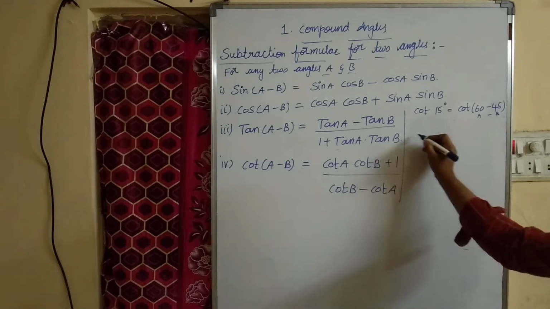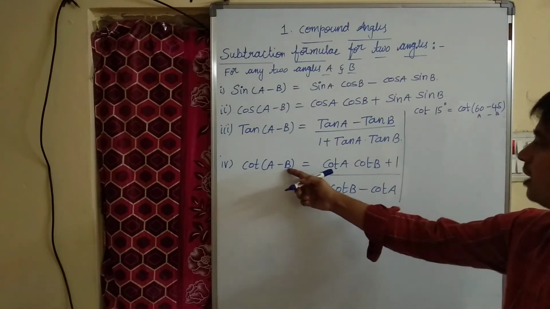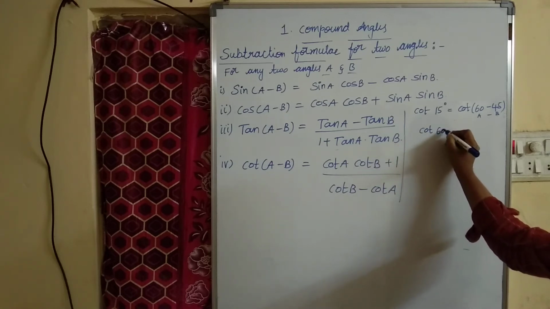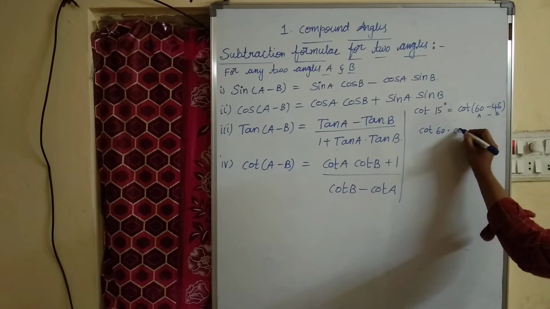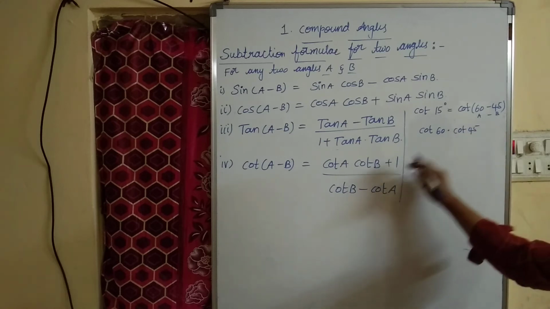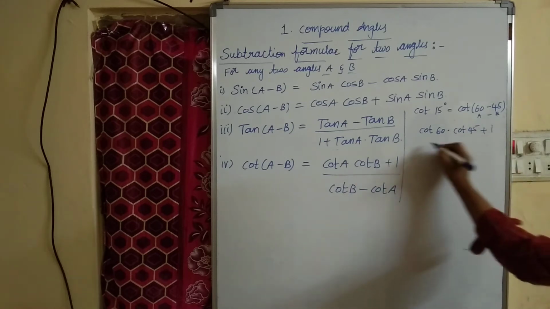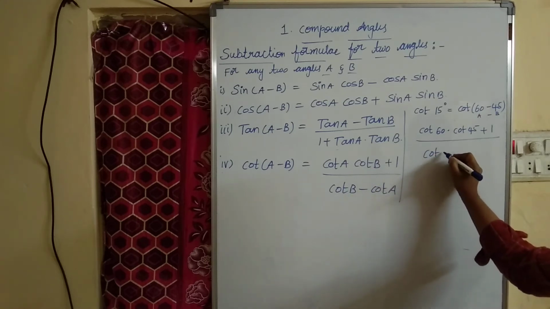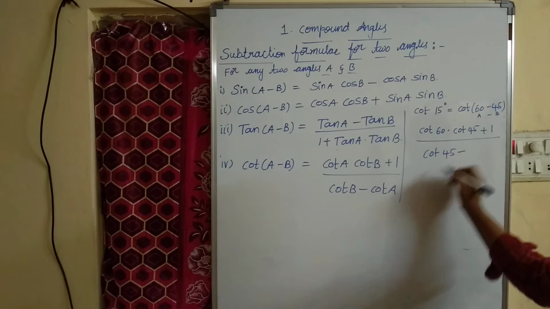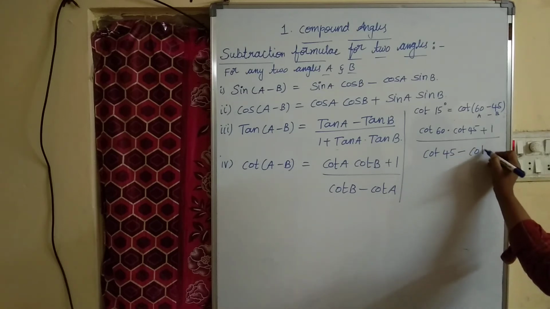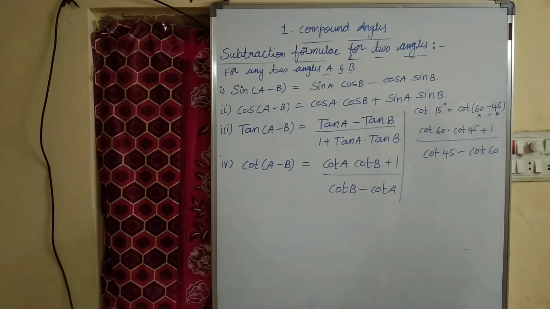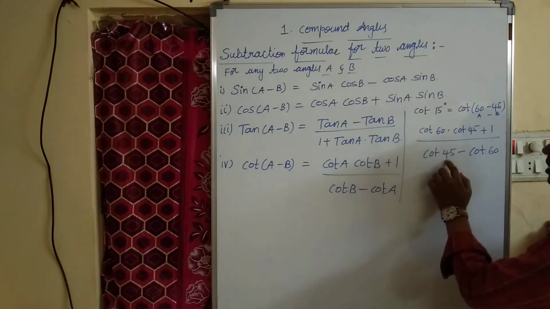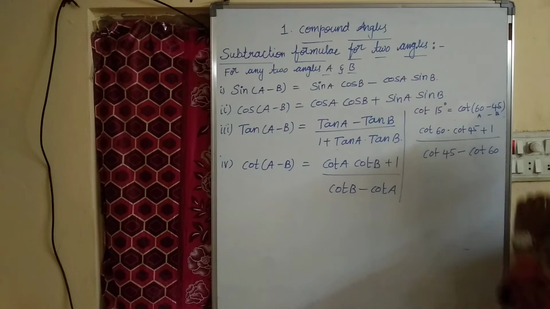Now we have the formula of cot A minus B: cot A into cot B plus 1 divided by cot B minus cot A. Here cot B minus cot A, B value 45 degrees minus A value 60 degrees.